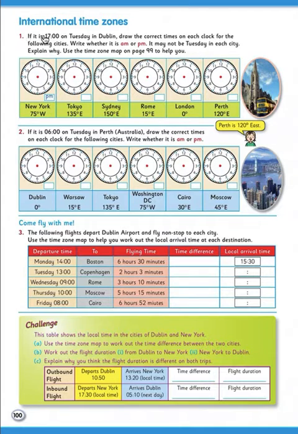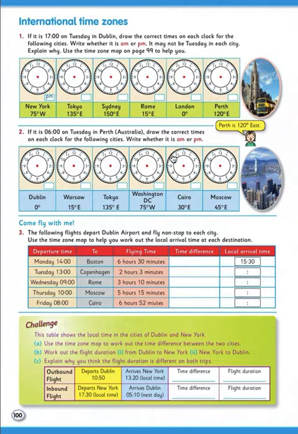Up here again, you use this as your Dublin local time on Tuesday. Then you use the map on page 99 to help you, add on or subtract hours from this to see what the local time is in these cities and whether it's AM or PM in the cities that you arrive in and whether it's the same day or not.